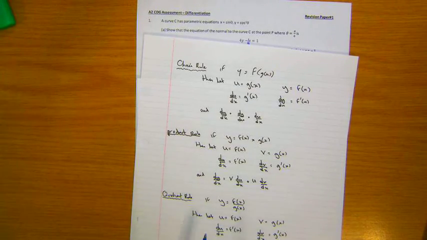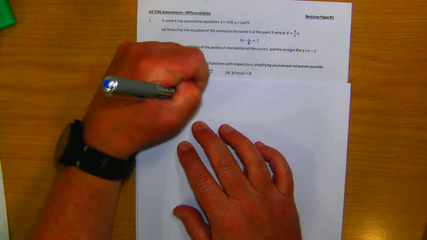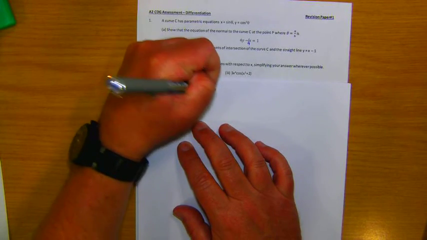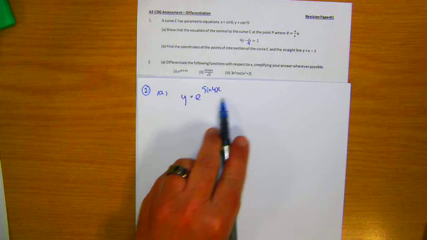So question 2. These are questions where you're just being required to spot which of the rules you're going to apply: chain, product, quotient. So A, if we let y equals e to the sine 4x, this is one where I've got a function tucked away inside.